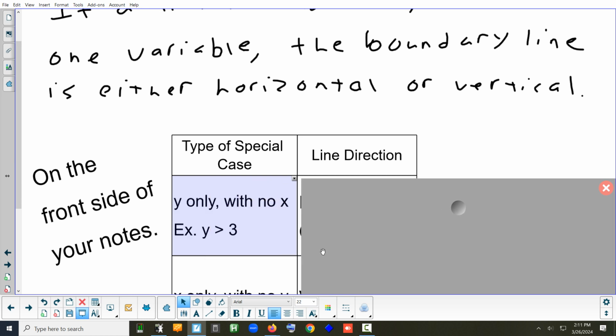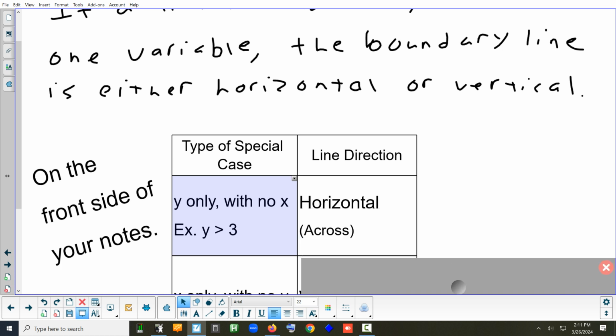If you have a Y with no X, does anybody remember what kind of line that is? Side to side. That's the one that goes left and right. That's horizontal, goes across. I'm going to add shading right here.